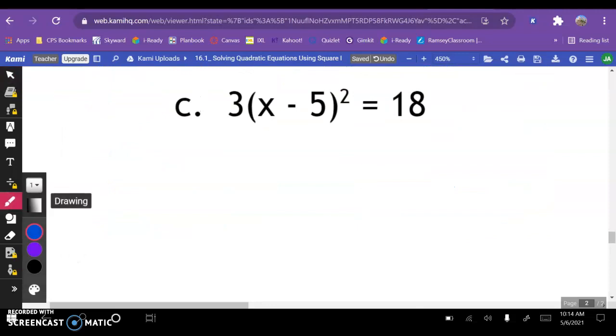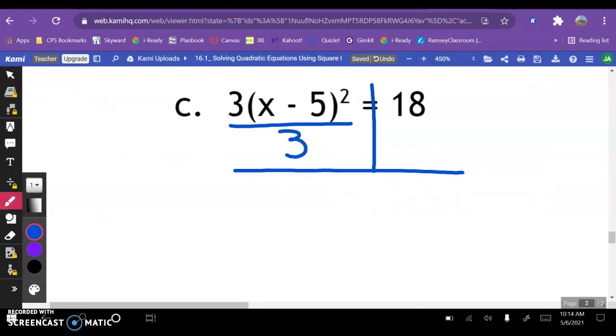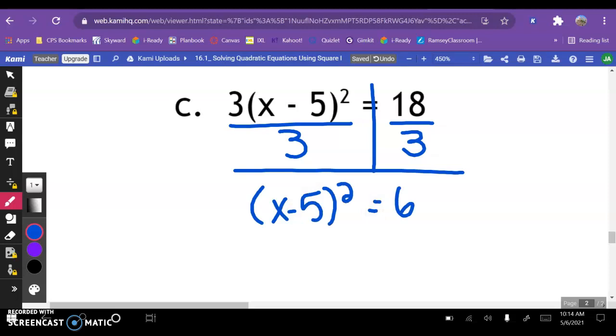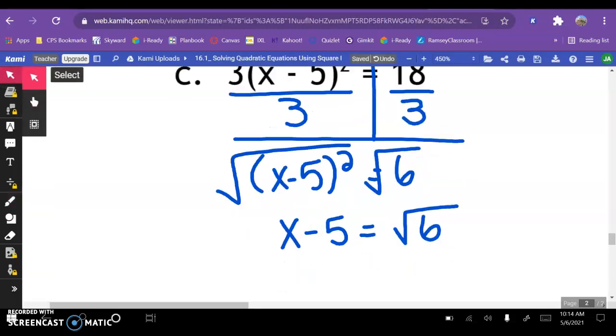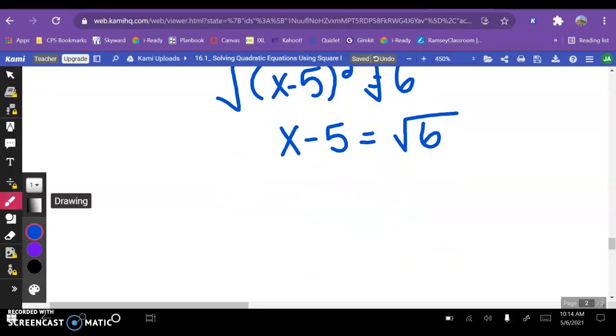And then for this one, our last one, we are going to divide by 3 first to get rid of that. And we would have x minus 5 squared equals 6. And then we can take the square root to get rid of that squared. So we have x minus 5 equals the square root of 6. Now, 6 is not a perfect square. It can be broken down into 2 times 3, but neither of those are perfect squares. So we're just going to leave it positive or negative square root of 6.